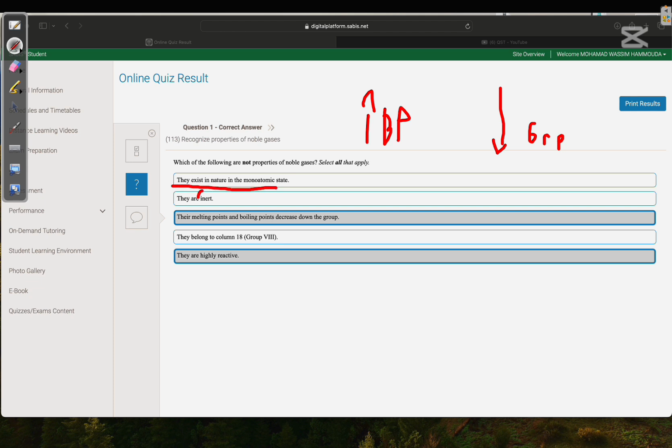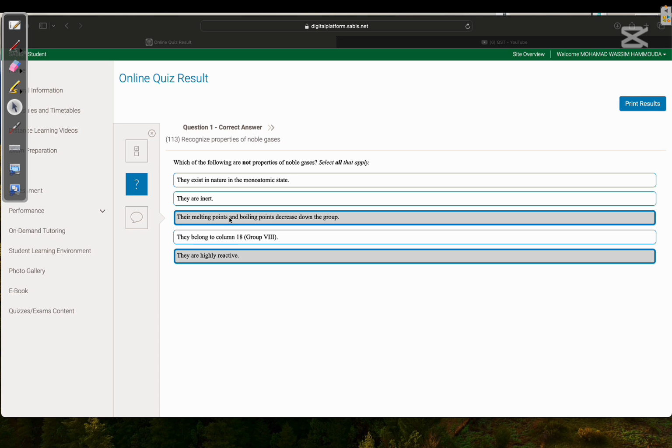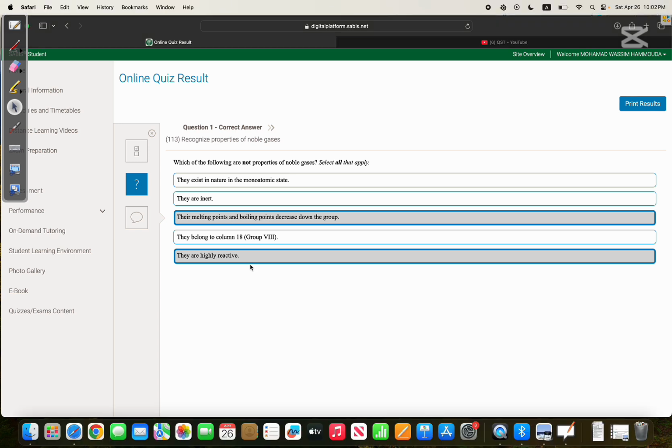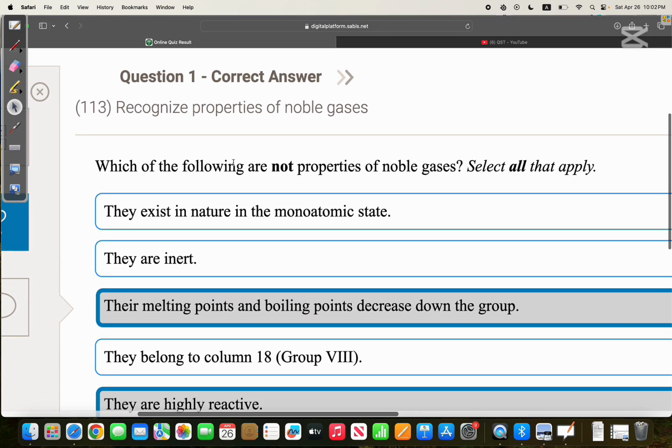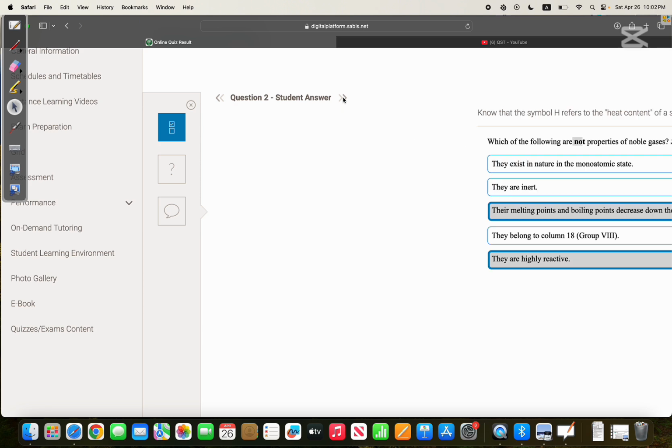Unreactive is the same thing as inert. So their melting and boiling points increase down the group, they don't decrease, and they are not highly reactive. We chose the wrong answers because they're asking which of the following are not properties of noble gases.